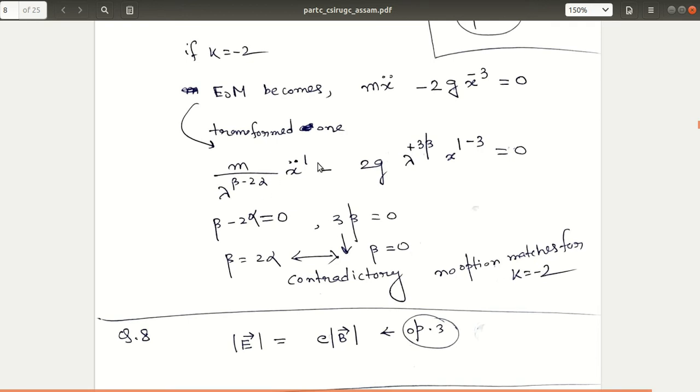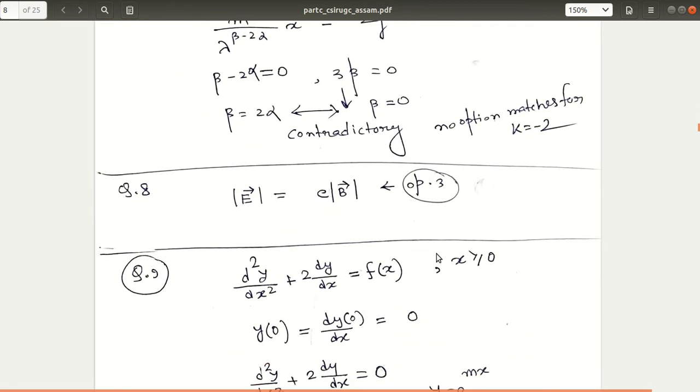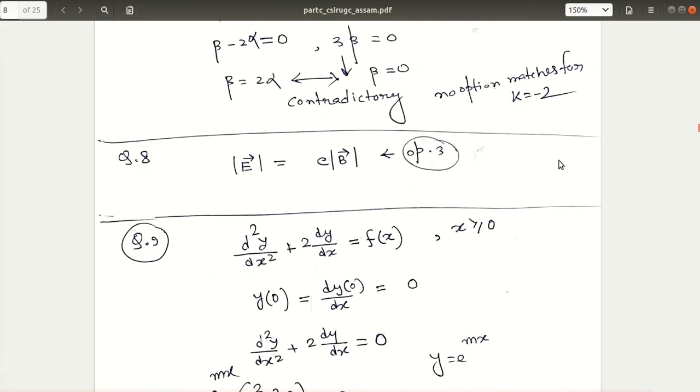And this will give you two contradictory conditions, because beta minus 2 alpha equal to 0 and beta equal to 0, so no option matches. So k equal to minus 2 is not correct. So the option will be option 4: k equal to 1, beta equal to 2, alpha equal to 1.